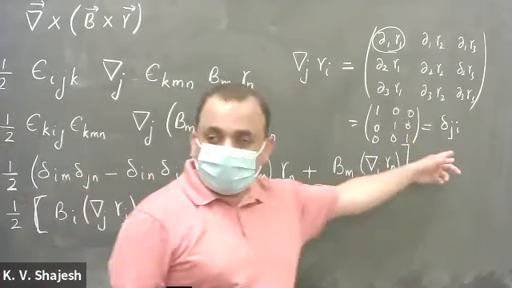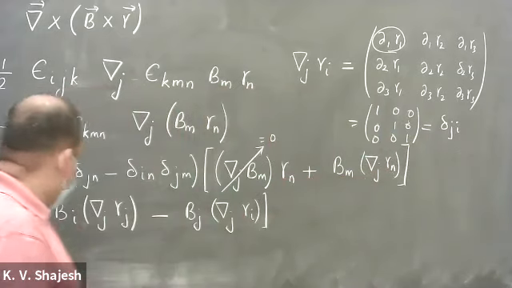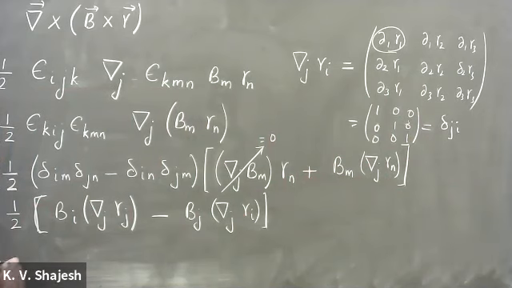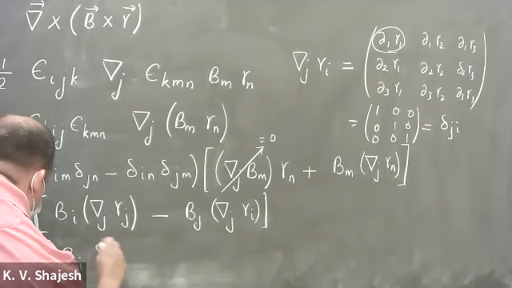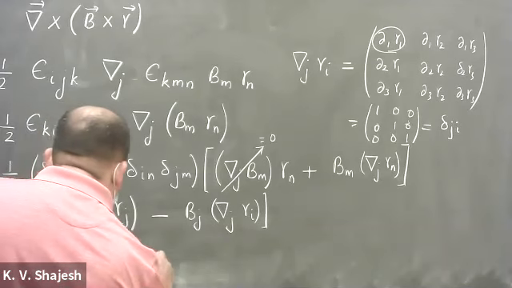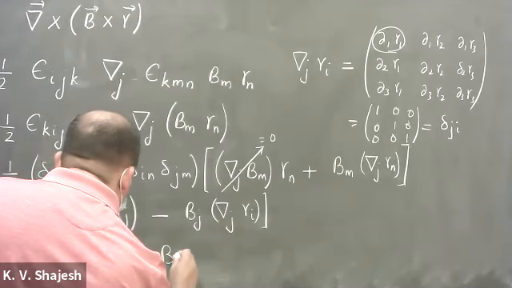It's a tensor of second rank. Right? So this gives you 1 by 2 times di times del j minus of dj.